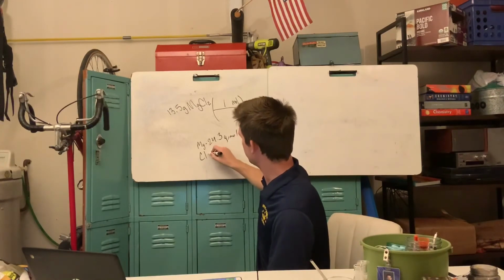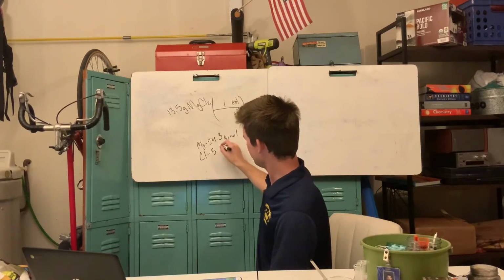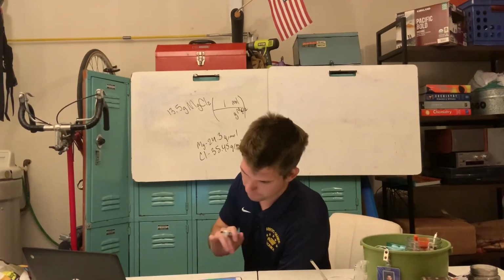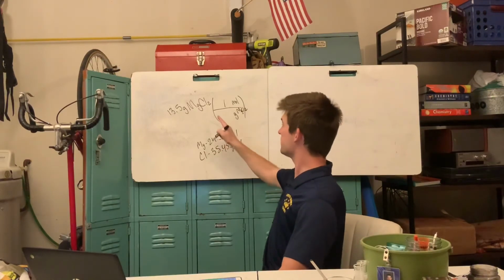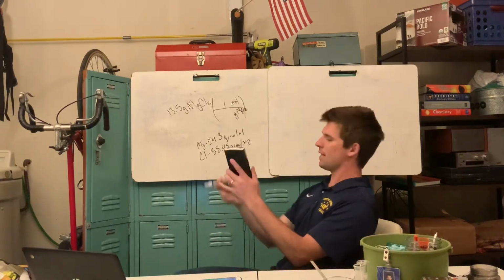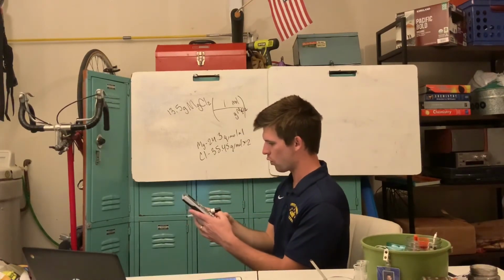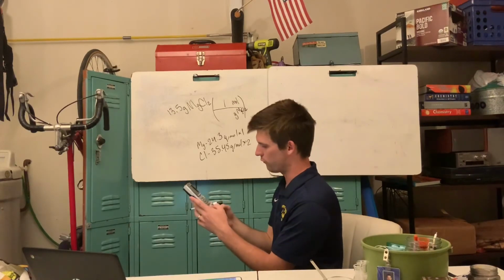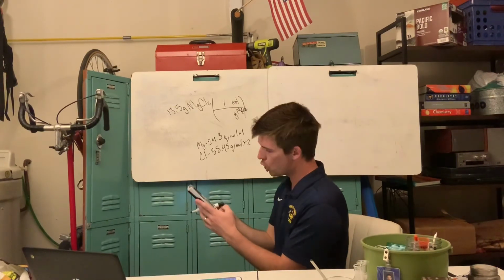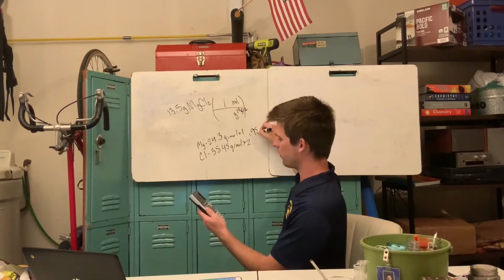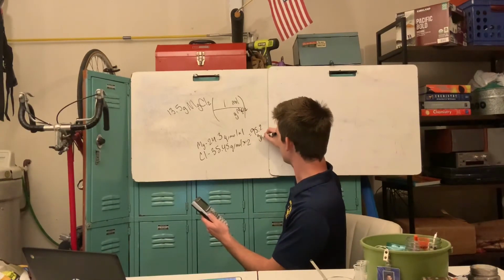And chlorine, which we've used a few times, I'm pretty sure it's 35.45. I always get confused. Let's look. Yeah, 35.45. But there's 2 chlorine, so we need to multiply that by 2. We only multiply magnesium by 1. Let's add them together. 24.3 times 1 plus 35.45 times 2. And we get a grand total of 95.2 grams per mole.